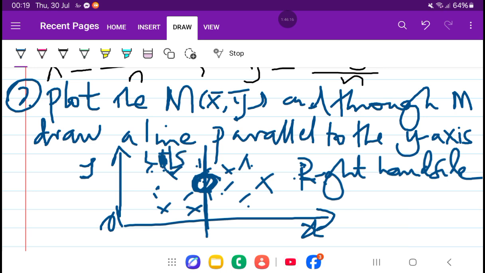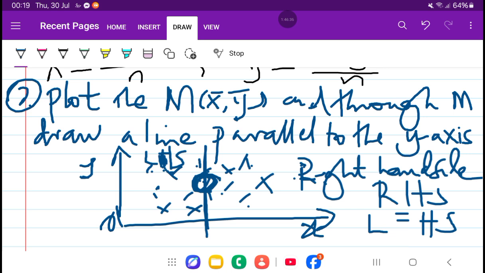The right hand side values will be equal to the left hand side. The reason is very simple: we plotted the mean, and the mean dissects, it's always in the middle.